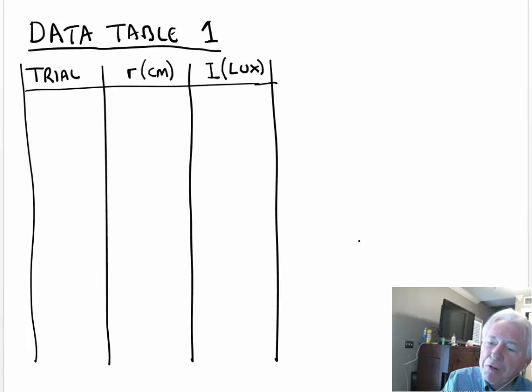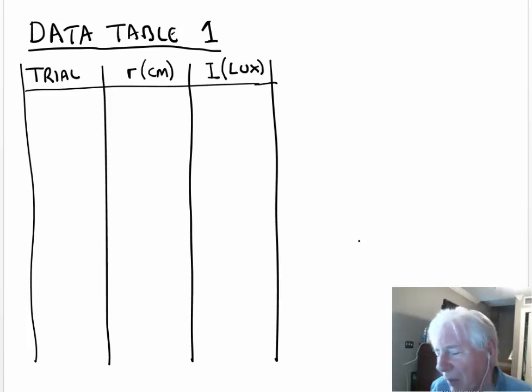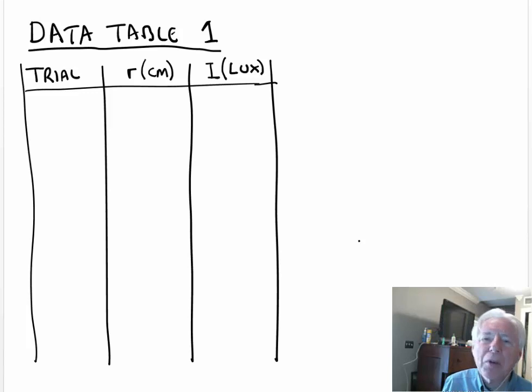Now, that involves knowing how to set up the graph before you take the data. Well, that's not really true. That involves knowing how to plot the graph, having taken one piece of data.